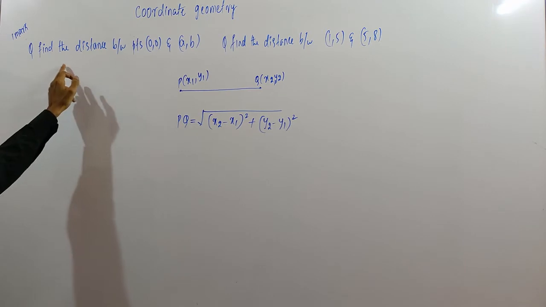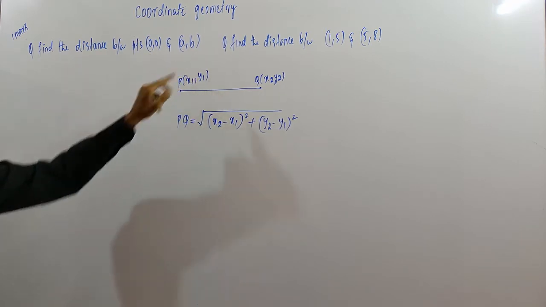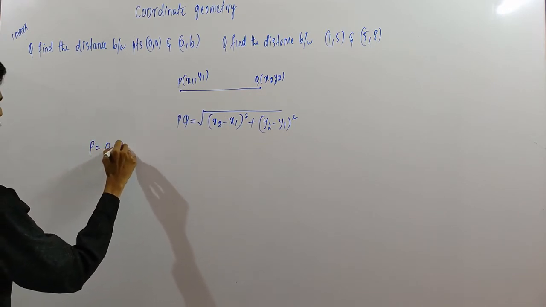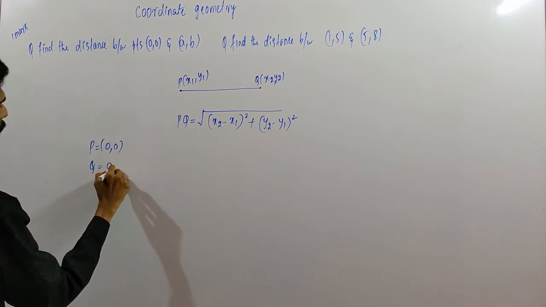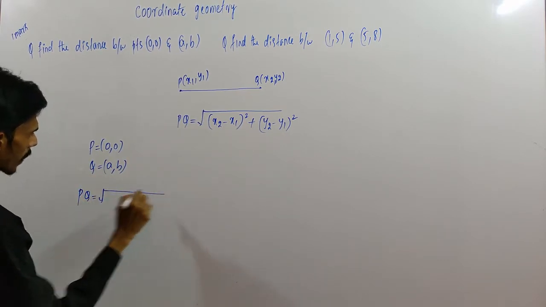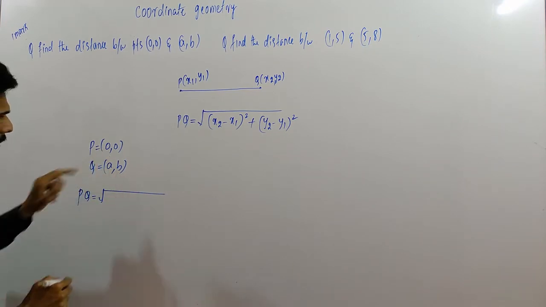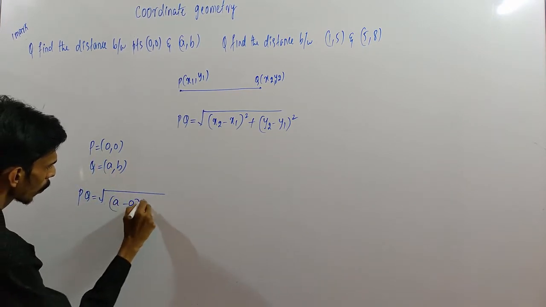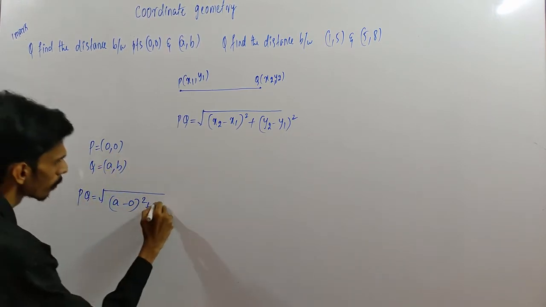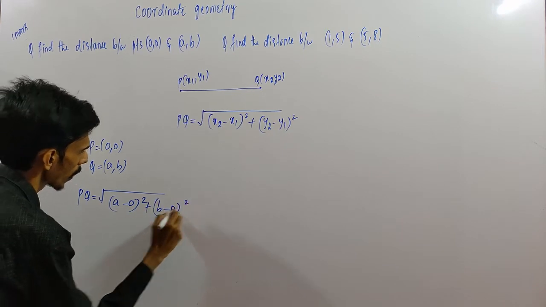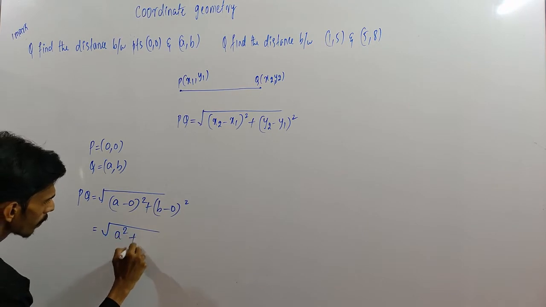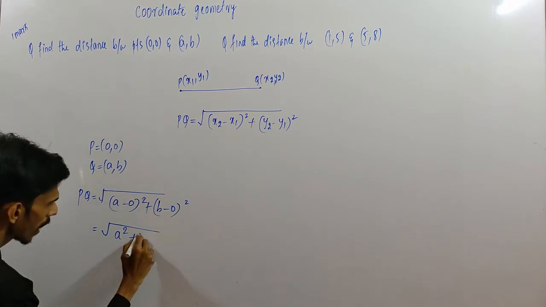Here we have been given: find the distance between (0, 0) and (a, b). So let us take this point as P. P is (0, 0) and Q is (a, b). Now the distance PQ will be the square root of (x2 minus x1) squared, so this minus this, (a minus 0) squared, plus (y2 minus y1), (b minus 0) squared. a minus 0 is a only, so it will become a squared. b minus 0 is b only, so we have b squared.